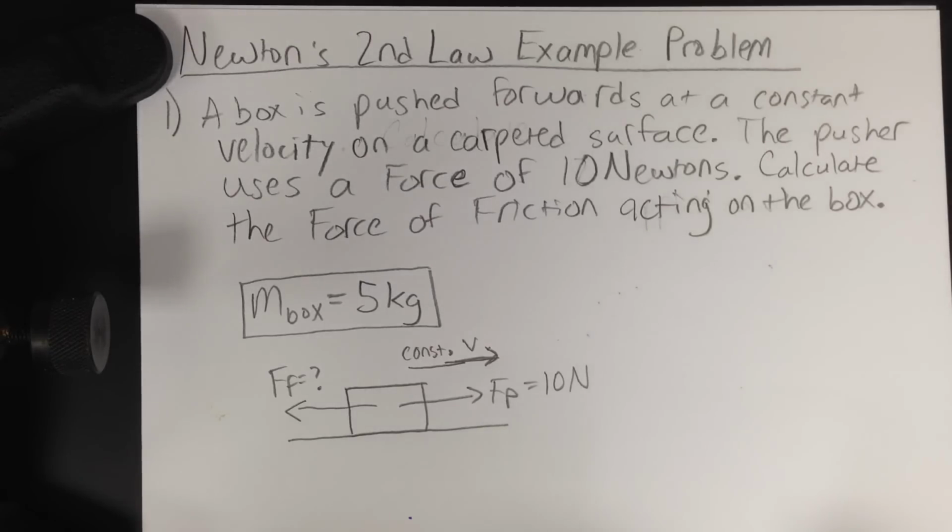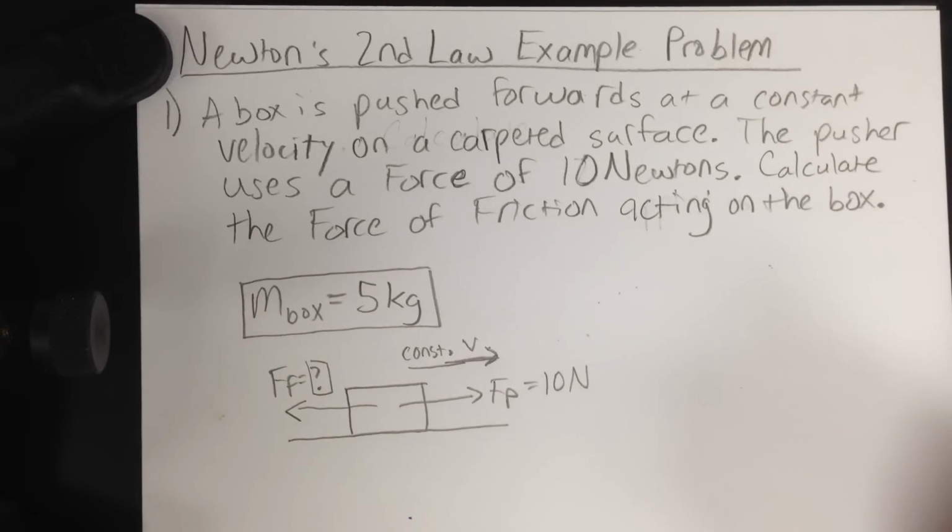If there's a force you're looking for, your unknown force, then write that on the box in the proper direction. In this case, friction, always acting against the way an object moves, still is applied to the force diagram. But when it's unknown, just write FF for friction equals question mark.